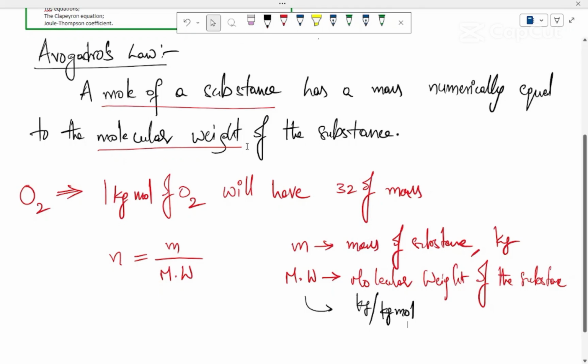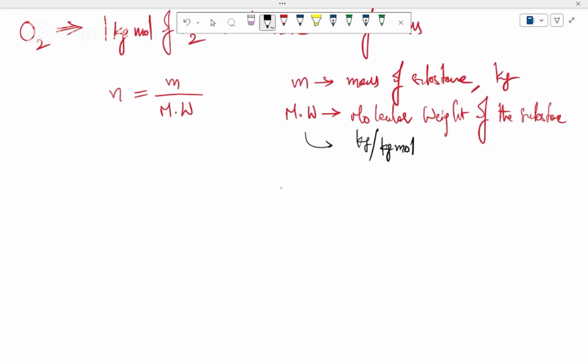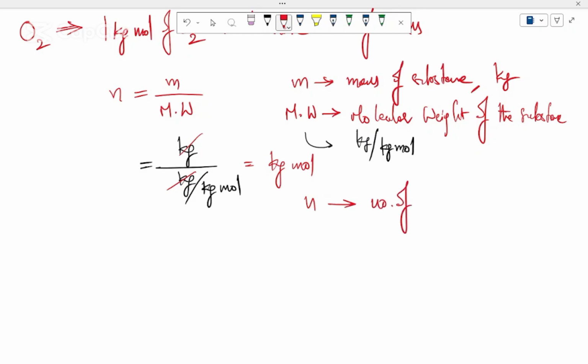So since in the numerator you have kg and in the denominator you have kg per kg mole, here this kg gets cancelled and you will have kg mole as the unit of your N. So N is the number of moles which is measured in kg moles, kg mol.